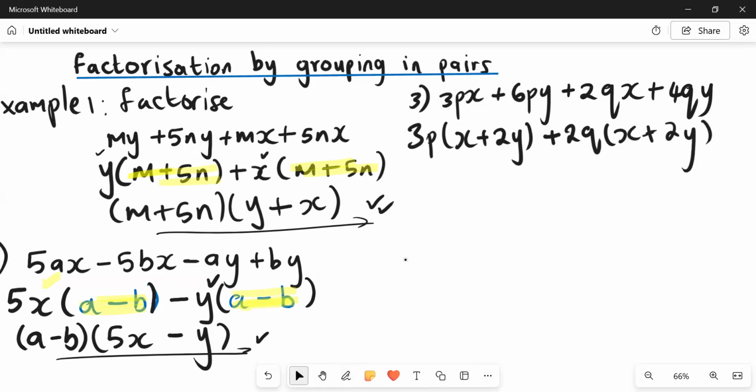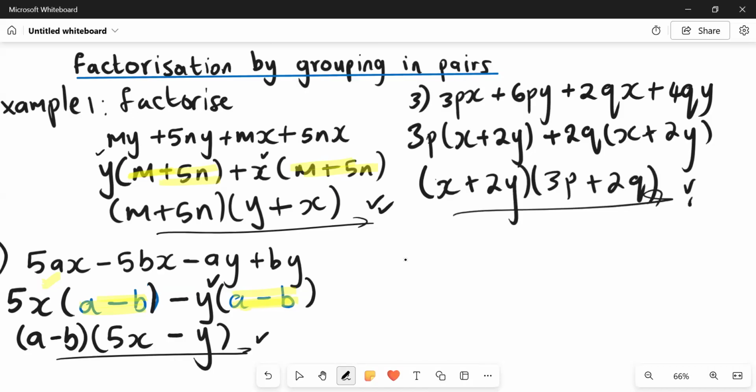I've created my common bracket, which is x plus 2y. You'll be left with 3p plus 2q. Then it's fully factorized.